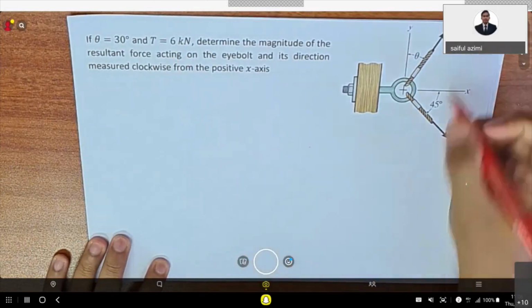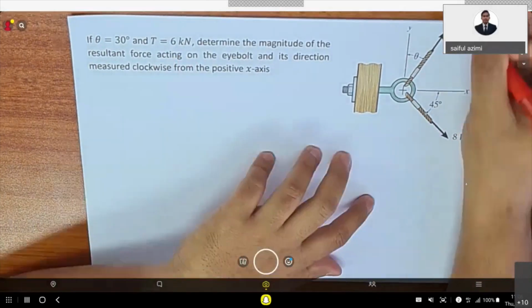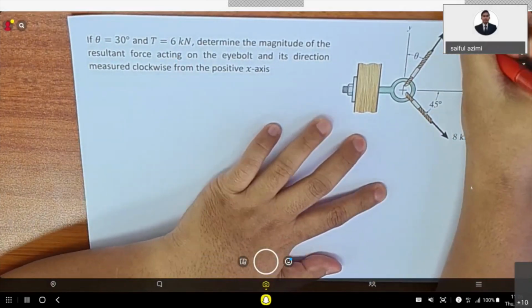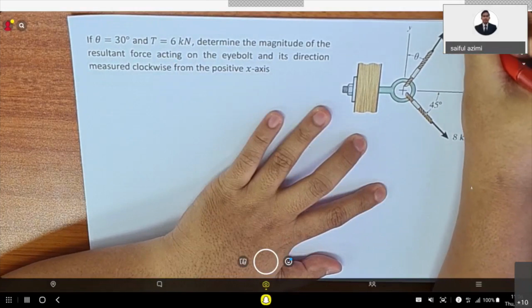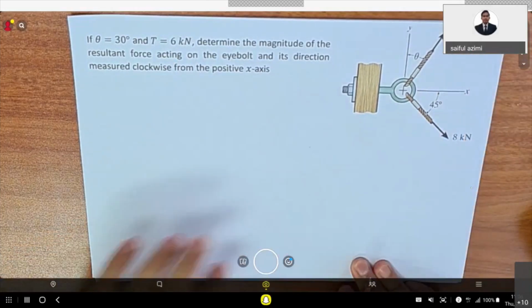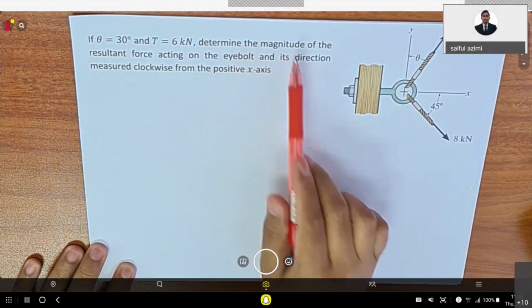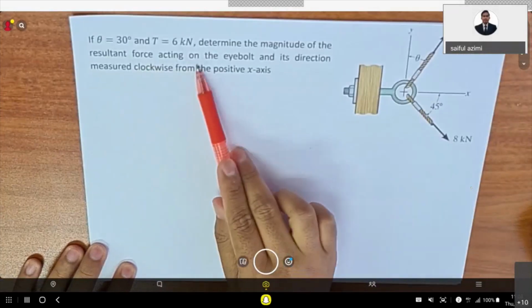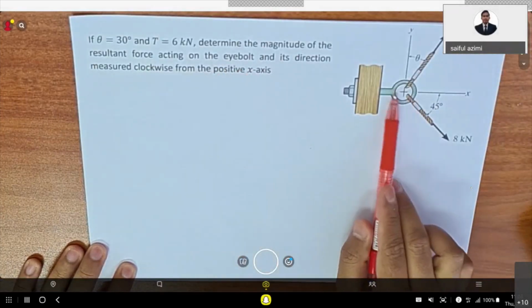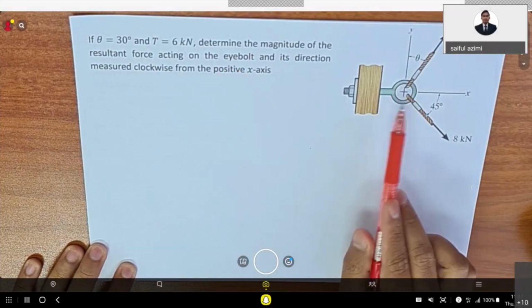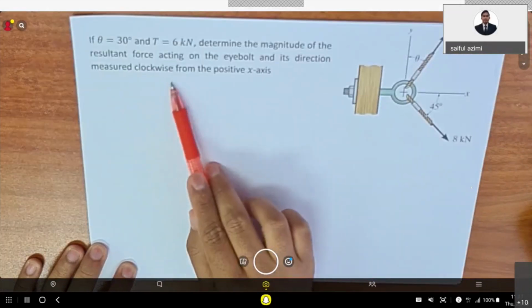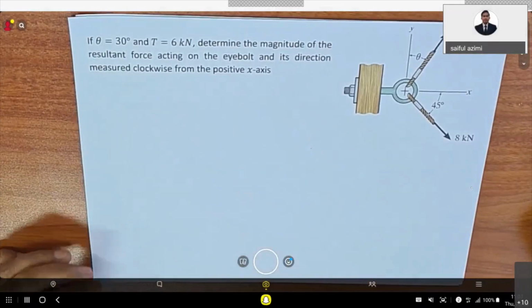The question asks you to determine the magnitude of the resultant force acting on the eye bolt, so this is the eye bolt, and its direction measured clockwise from the positive x-axis.